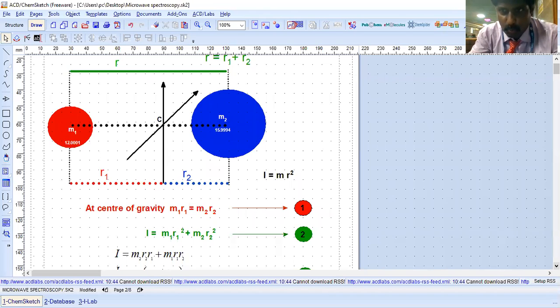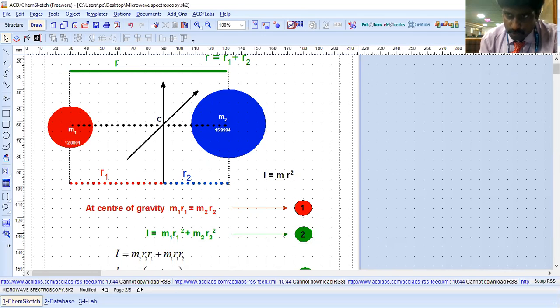Since we have two atoms here, the moment of inertia of the first atom plus that of the second atom gives the entire moment of inertia of the molecule, let us assume carbon monoxide. I is equal to M1 R1 square plus M2 R2 square. Let us call this equation 1 and M1 R1 equals M2 R2 equation 2.